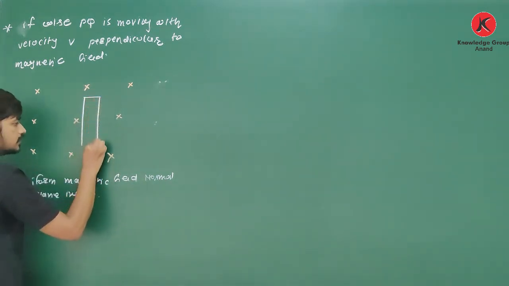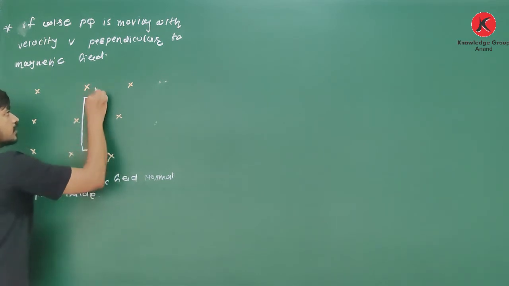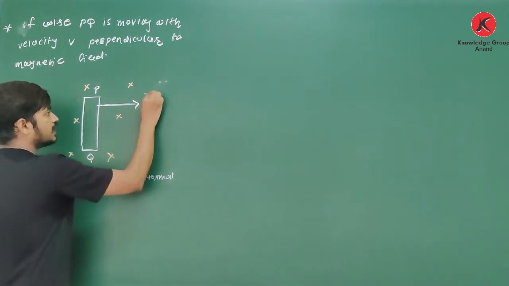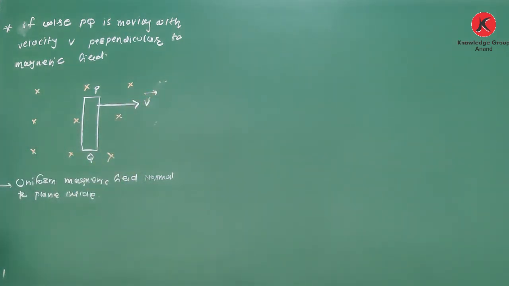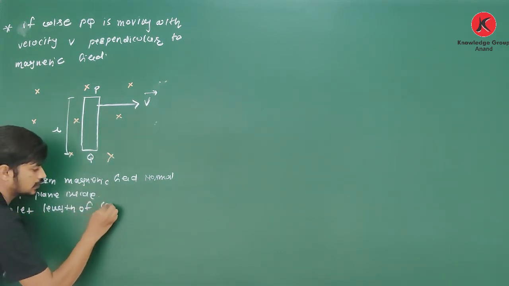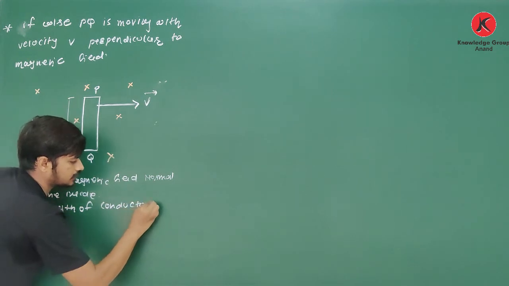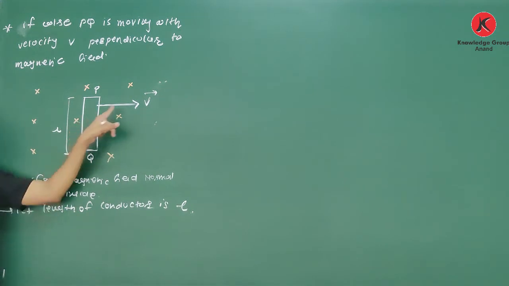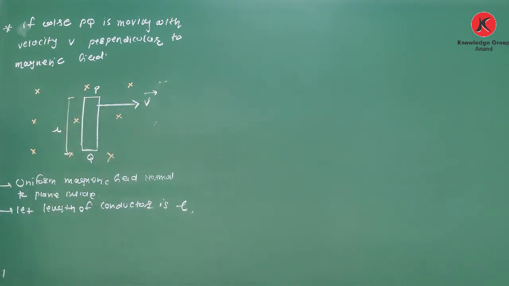Now let in this magnetic field a conductor PQ be moving with velocity v in this direction. See here, the length of this conductor is L. So this length is perpendicular to the magnetic field and also this velocity is perpendicular to the magnetic field.